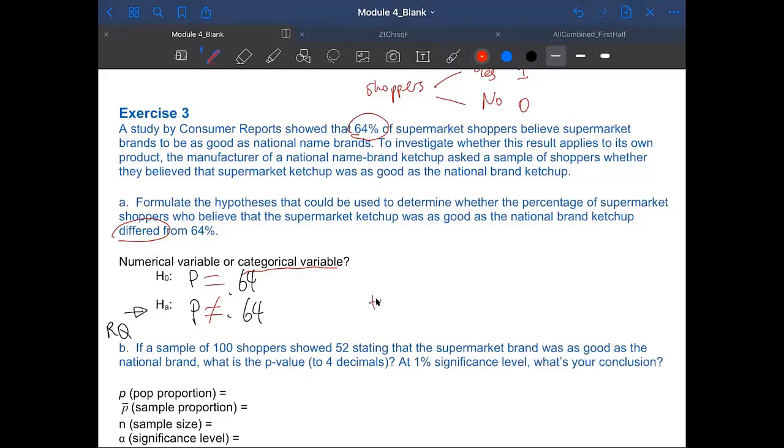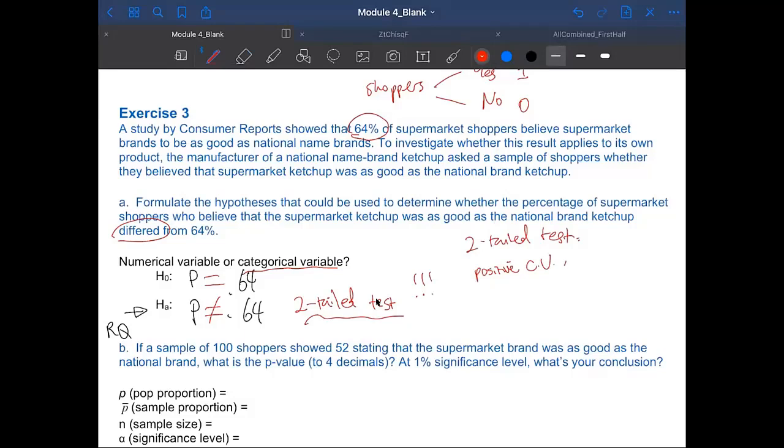So what kind of a tailed test is this? This is a two-tailed test, right? Two-tailed test is very, very tricky. The reason is because when you deal with a two-tailed test, you are going to have a positive critical value.